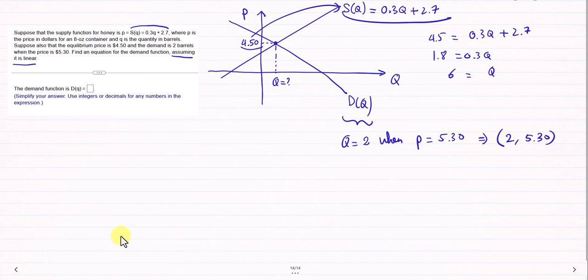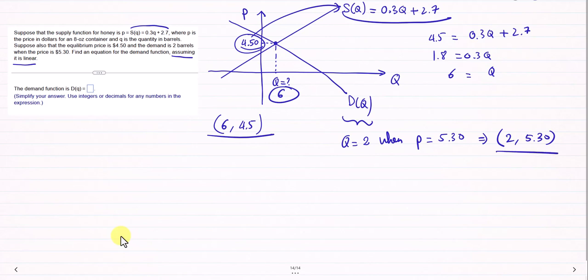So I know that my Q is 6 in this case. So I have my second point, 6 and 4.5, 6 for Q and 4.5 for my price, or the y value. Now I have the 2 points on the demand function.